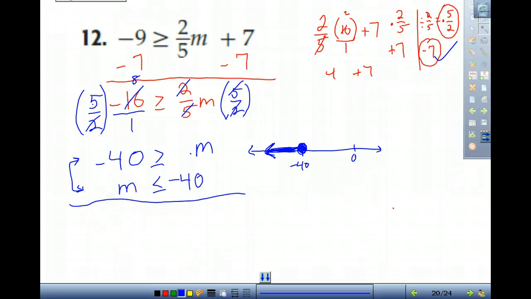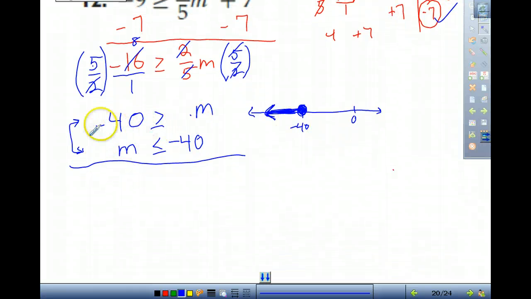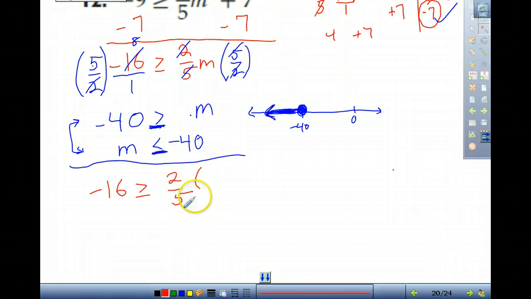So when you do a check on this, you can pick negative 40 because it is equal to. But you can pick anything that's less than negative 40 as well. So let's do that. We have negative 16 greater than or equal to 2/5 times what number you want? How about negative 50?